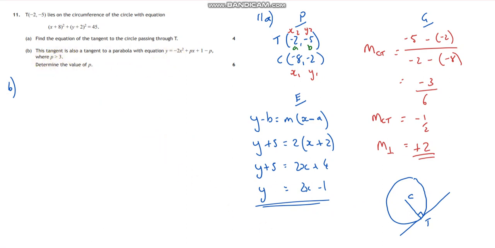Okay. Now, if this line is a tangent to this, it would hold then that 2x take away 1 is equal to -2x squared plus px plus 1 take away p. So all I've done there is substituted the y value of my straight line into the y value of the parabola.